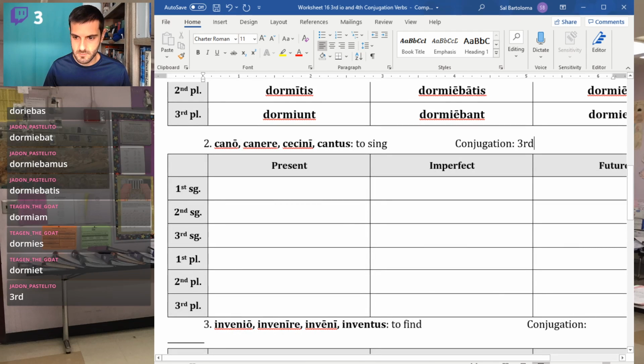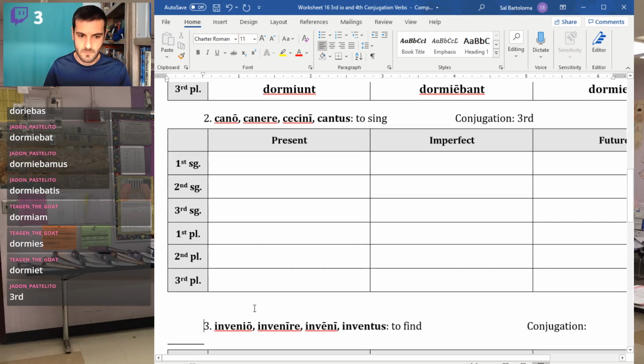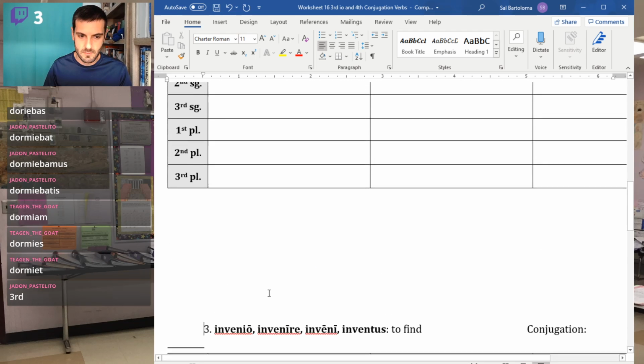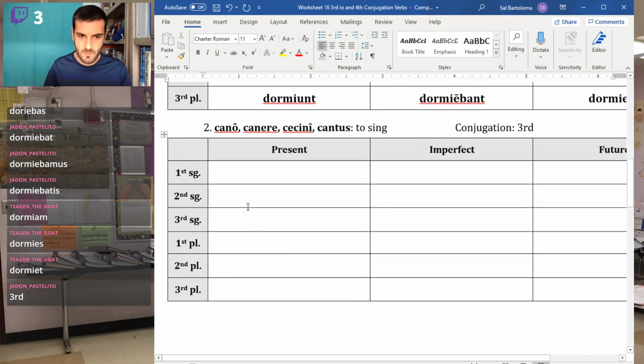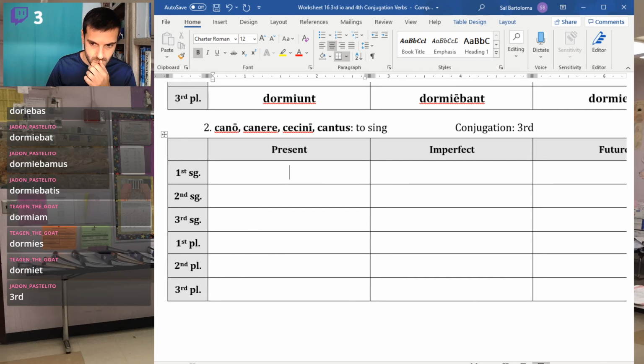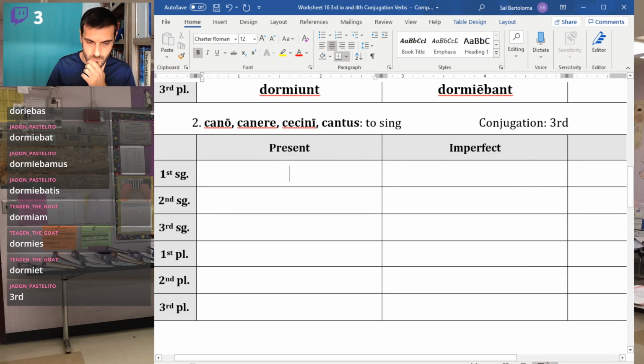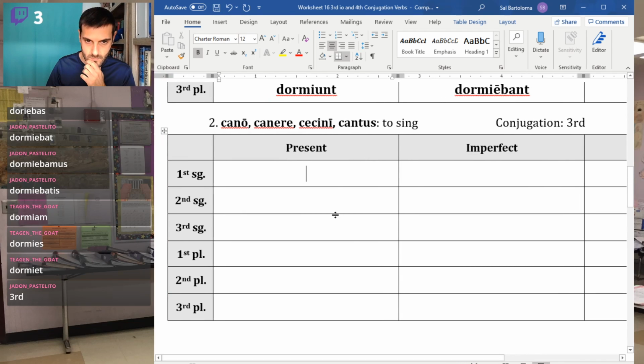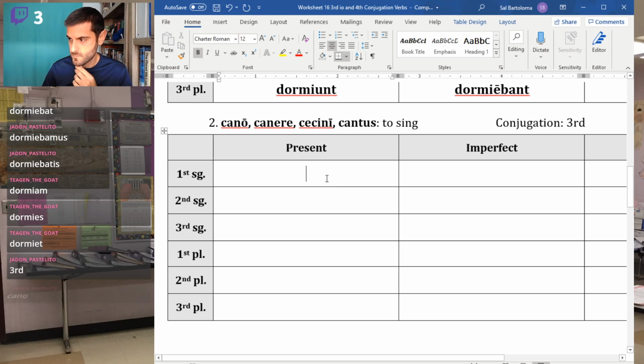My apologies. Okay. So how am I going to conjugate this verb in the present tense? In the present, cano. First one's always a freebie.